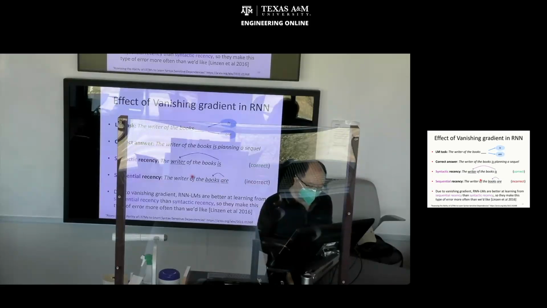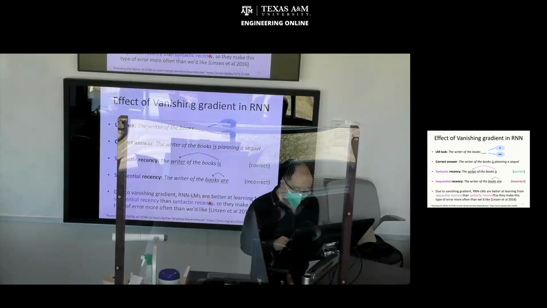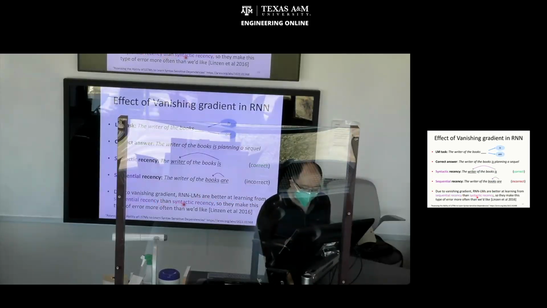So due to the vanishing gradient, RNN language models are better at learning from sequential recency than syntactic recency. Sequential recency means positional proximity, but syntactic recency is proximity in syntax.